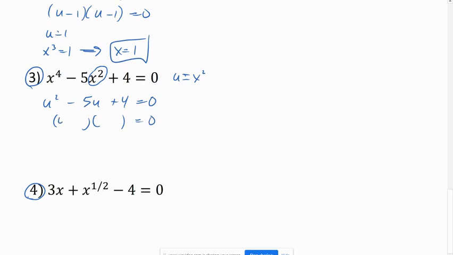That will factor as u minus 1, u minus 4. And so that gives us u equals 1 or u equals 4. So x squared equals 1 or x squared equals 4. And then the solutions of this are x equals plus and minus 1, and the solutions of this are x equals plus and minus 2.